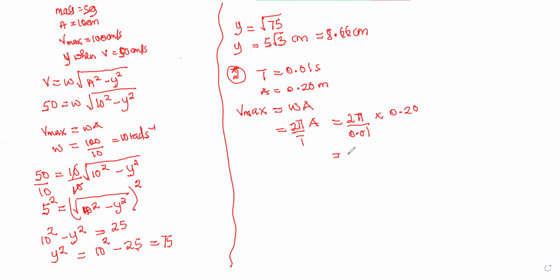Okay, so we have 200 pi times 0.2, which is 40 pi, which is approximately 125.6 meter per second.